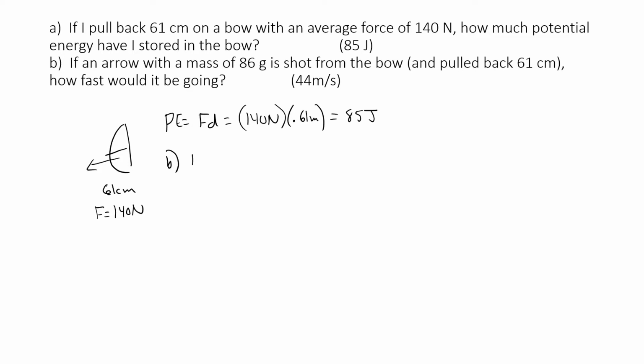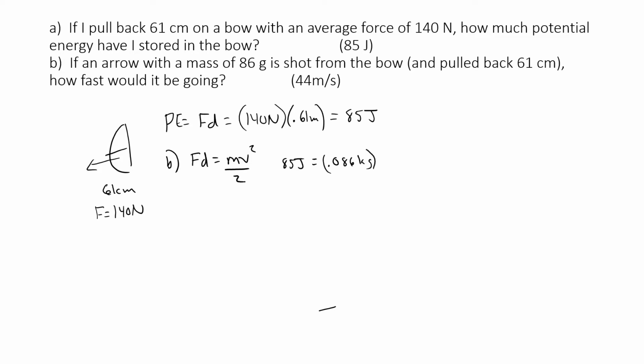Well, that's where we would be converting our elastic potential energy into kinetic energy, as we're going from that stored energy in the bow to what is now the speed of the arrow as it leaves. So we know that 85 joules is going to equal 0.086 kilograms.